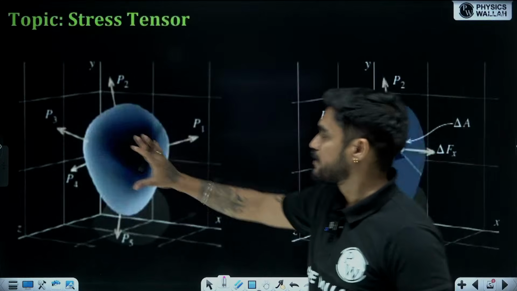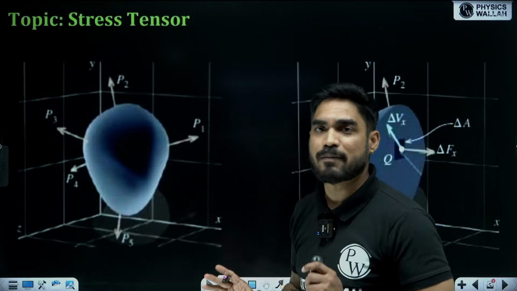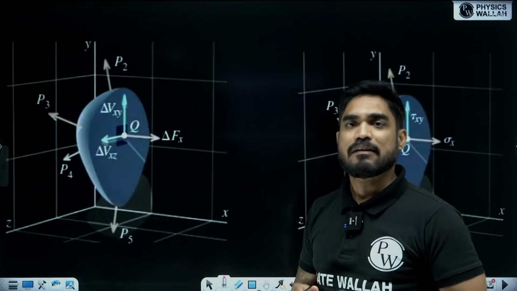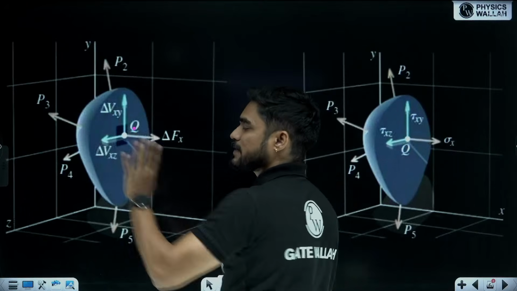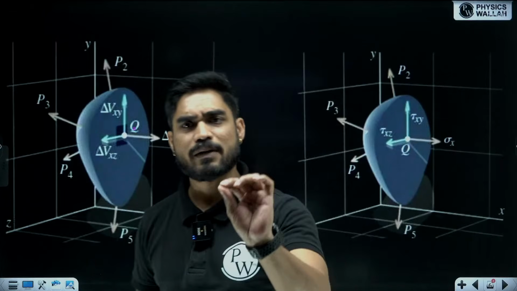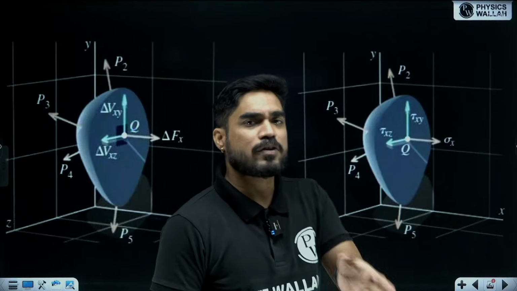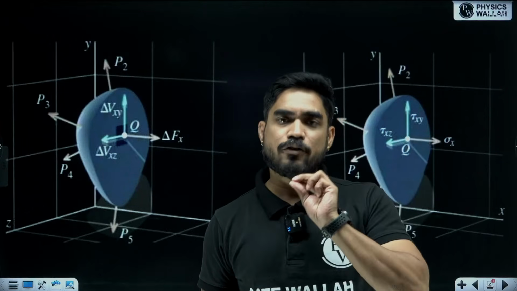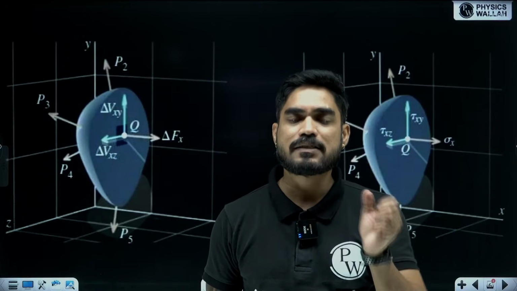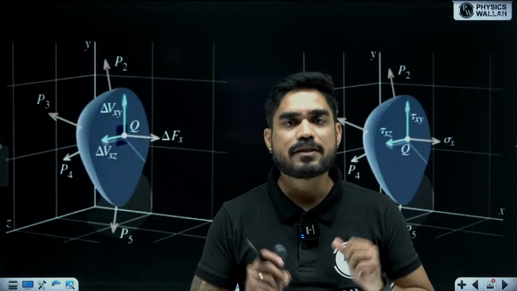So this body was subjected to a lot of external forces. We have cut this body using a plane, and at a particular point we are getting three internal forces, one in X, one in Y, one in Z. One is normal, other two are parallel. Now internal force per unit area is called stress. If the internal force is normal, it will be a normal stress, and if the internal forces are parallel, they will be shear stresses.